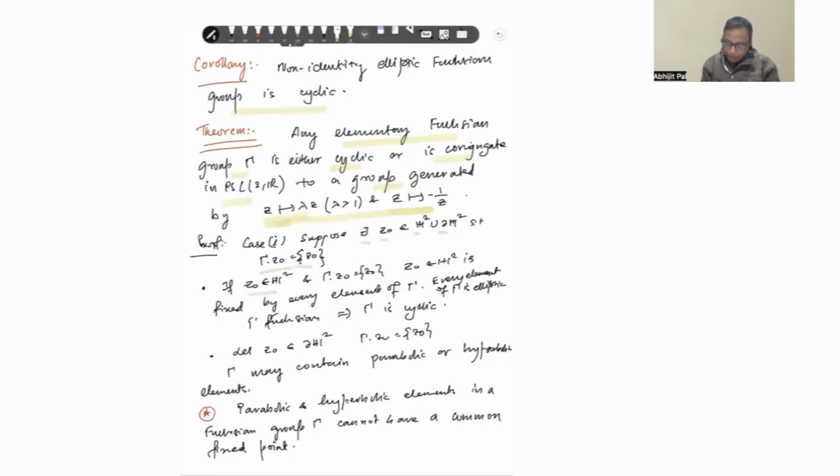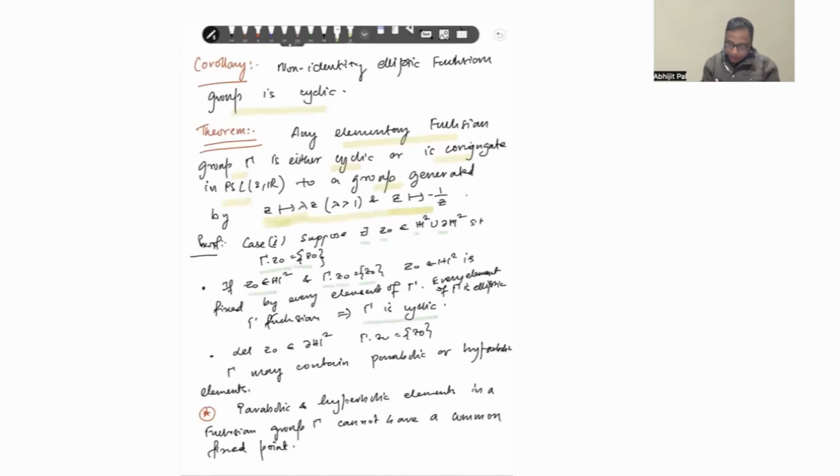This means that gamma dot z naught is the singleton set z naught, so every non-identity element of gamma fixes the point z naught. So all the non-identity elements of gamma are elliptic elements. Therefore, by our previous result, this gamma will be a cyclic group, and we are done.